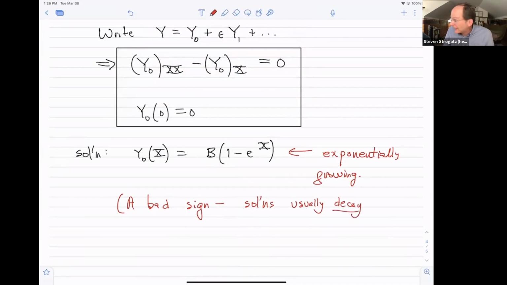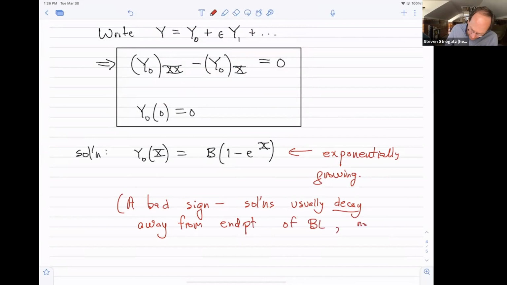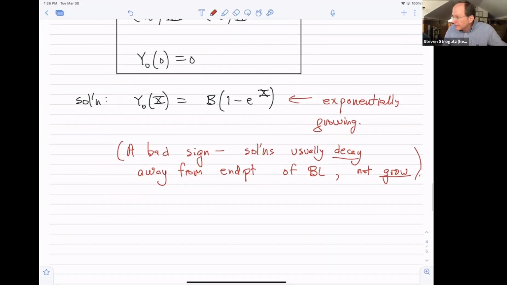You expect decaying away from the endpoint of the boundary layer. Not grow. Okay, so this is looking bad, and it is bad.